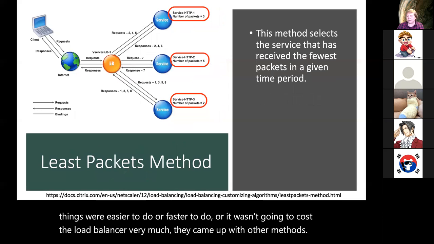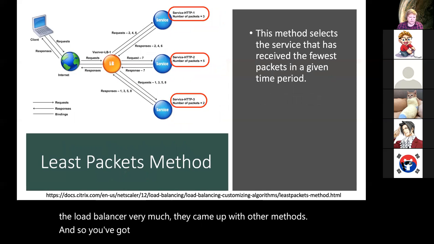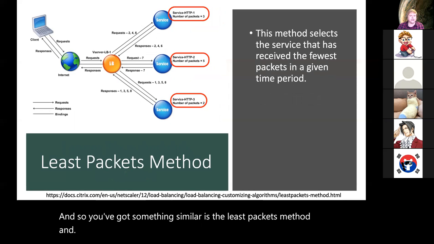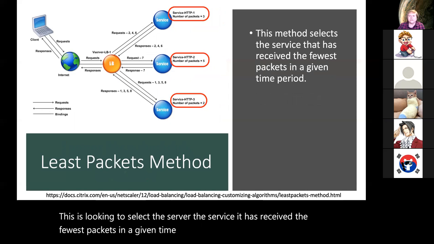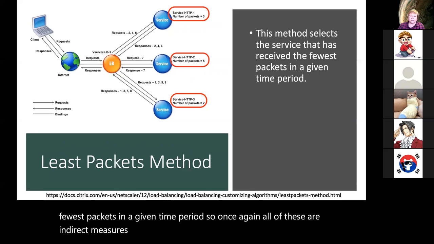And so you've got something similar, which is the least packets method. This is looking to select the service that has received the fewest packets in a given time period. So once again, all of these are indirect measures of the system's load.